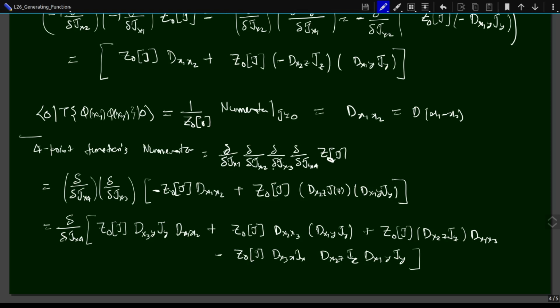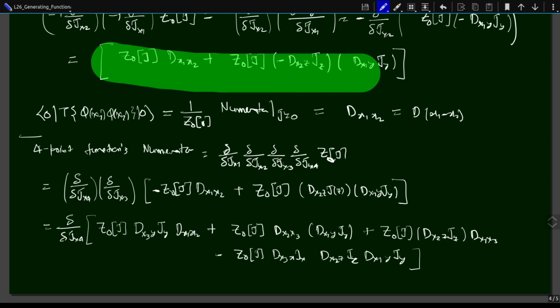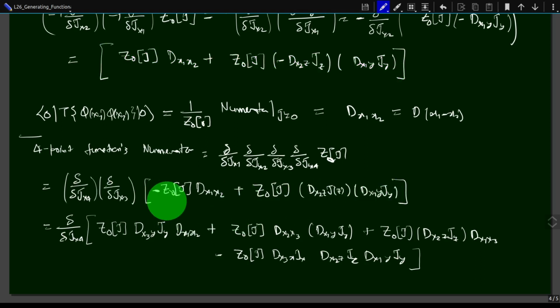Of course the derivatives with regard to 3 and 4 are written explicitly, and for the derivatives with regard to 1 and 2, we just take this expression from here. This expression I will copy inside. Okay, so this is my starting point. I recycle my previous result, and then I act by del jx3.